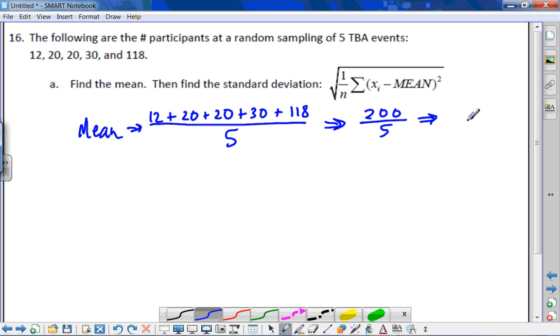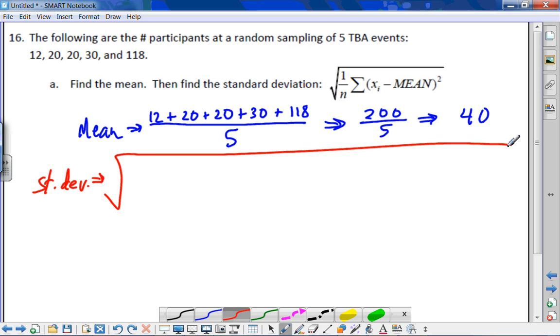So the mean is 40. Standard deviation is equal to the square root of 1 divided by n. And remember, n is the number of data values, and there's 1, 2, 3, 4, 5.